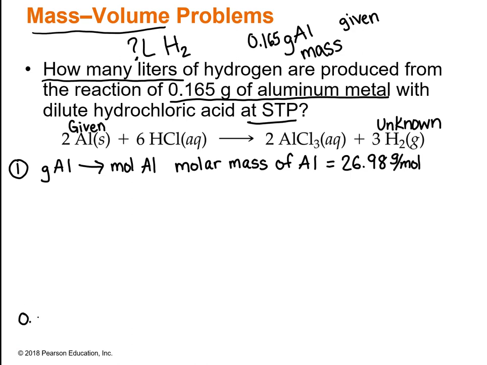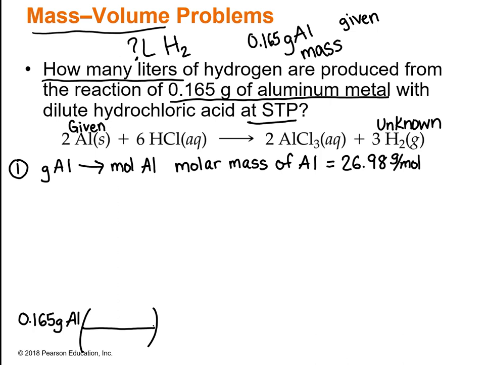We have 0.165 grams of aluminum. Am I putting grams in the top or the bottom? Grams are going to go on the bottom. Because whatever we're trying to cancel, it needs to be opposite.